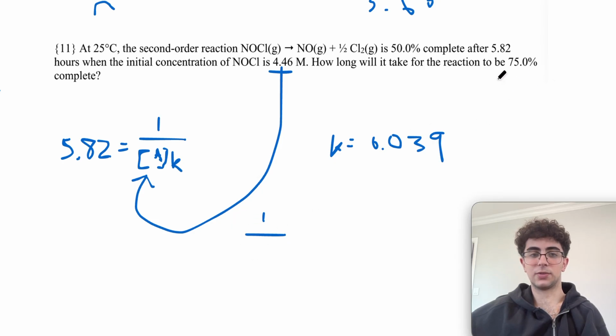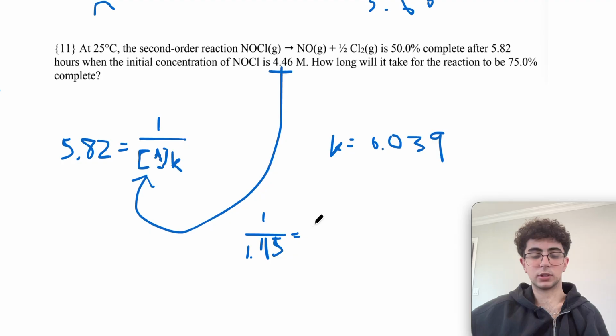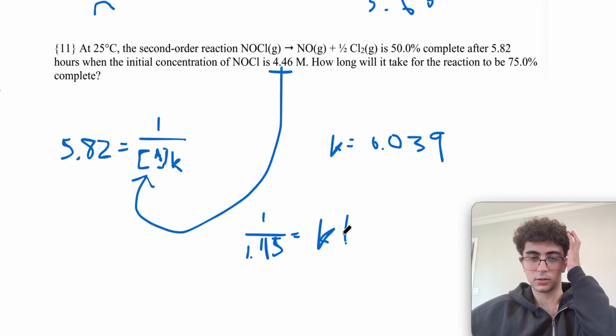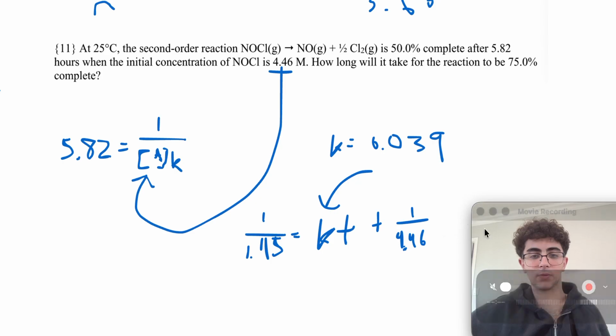For it to be 75% complete, 25% of this, 0.25 times 4.46, is about 1.115, equals kt. I now have k. Plug that in for k, plus 1 over our initial, which is 4.46, and we can solve for t.